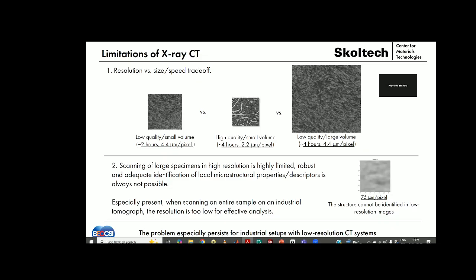So this is the trade-off, and this physical limitation is especially seen in industry systems, where the resolution is not a few microns per pixel, but can be up to 70, 80 microns per pixel. And this is usually used for industry.